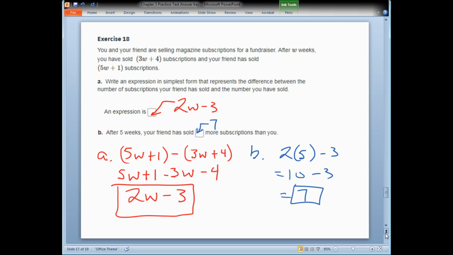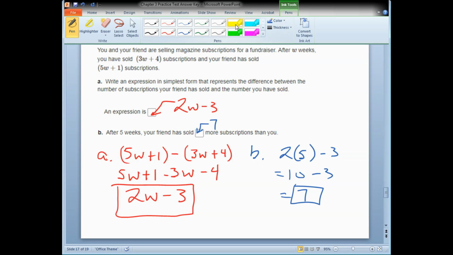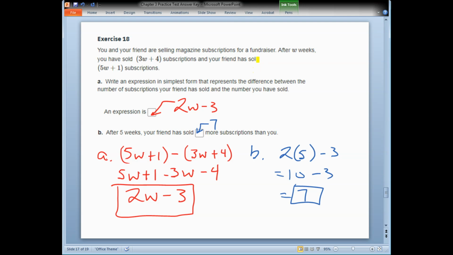All right, so get number 18. You and your friend are selling magazine subscriptions. Good on you. For a fundraiser after W weeks. I don't know how many weeks it's been, so that's why we use a variable. You have sold this many, and your friend has sold that many. Then it says write an expression in simplest form. Don't forget that on your test.